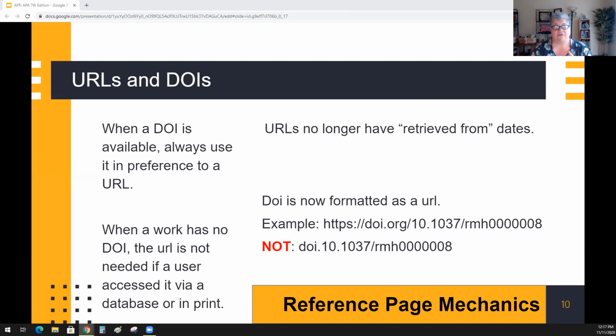And DOIs are now formatted as URLs. I'm a little worried that none of that made any sense, so if you have any questions, please do ask. But the key there being, you don't have to use retrieved dates. You just have to have the DOI or the URL, which I think is a big relief.